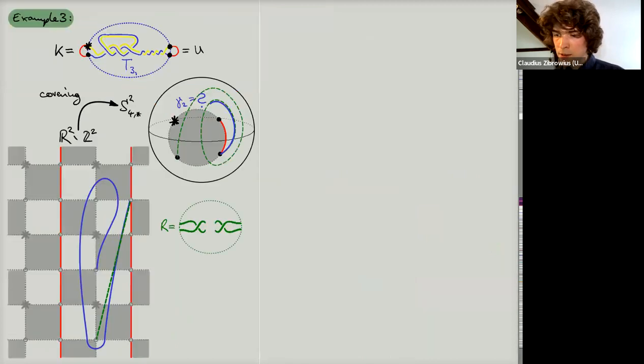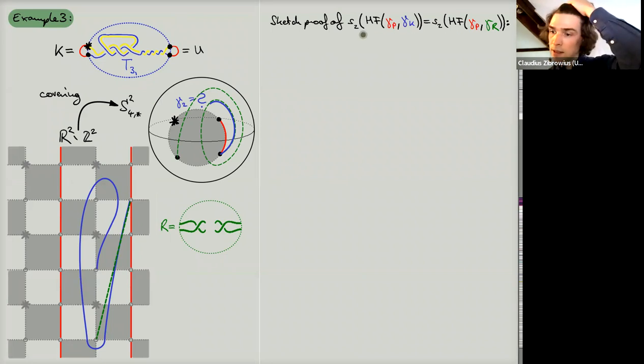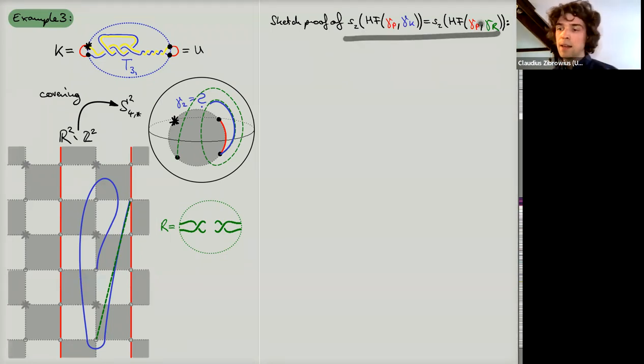So hopefully it's not too hard to believe that if you replace the blue curve by the green curve, then the part of the Bar-Natan homology that happens around this tangle end does not change. Very briefly, let's sketch the proof of this identity, that we can really replace this blue curve by the simpler green curve.